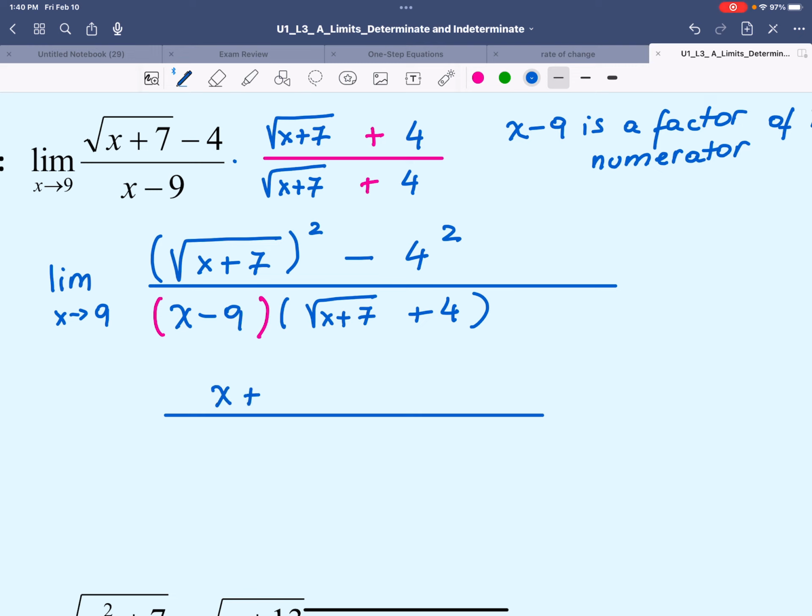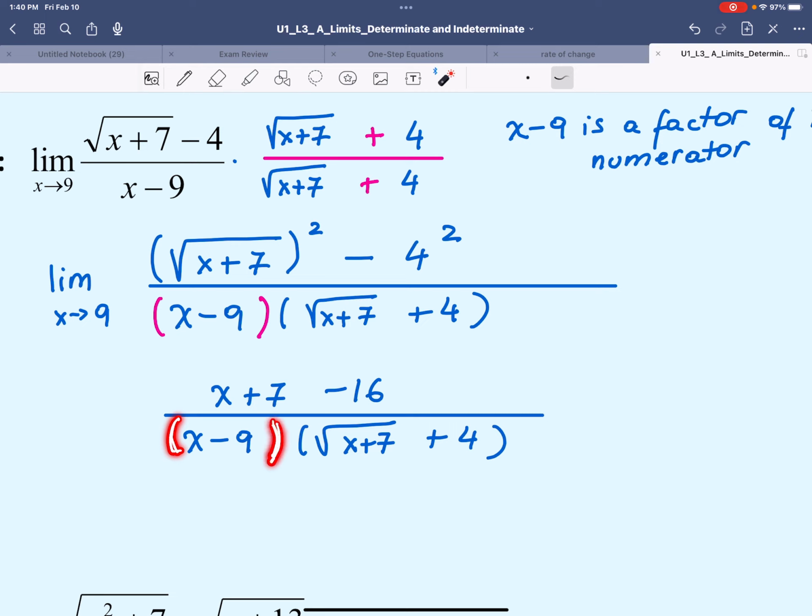We're going to get x plus 7 here, and then minus 16. In the denominator, we have x minus 9, and then again the root of x plus 7, plus 4. Now remember that it is very important that we do not expand x minus 9. I like to jokingly say that we want x minus 9 alive, because we can't wait to simplify it.